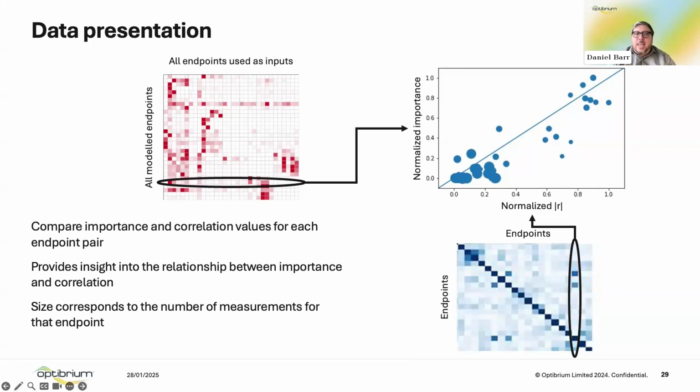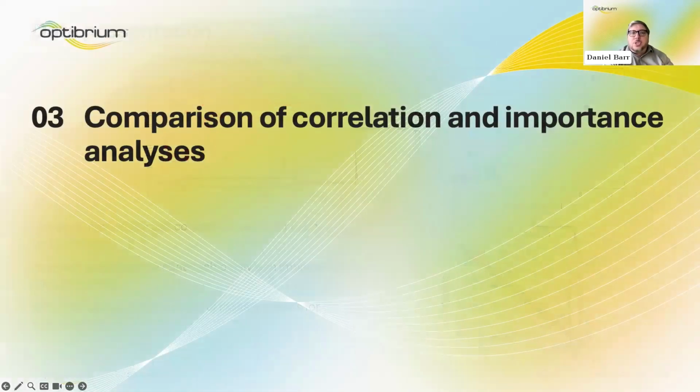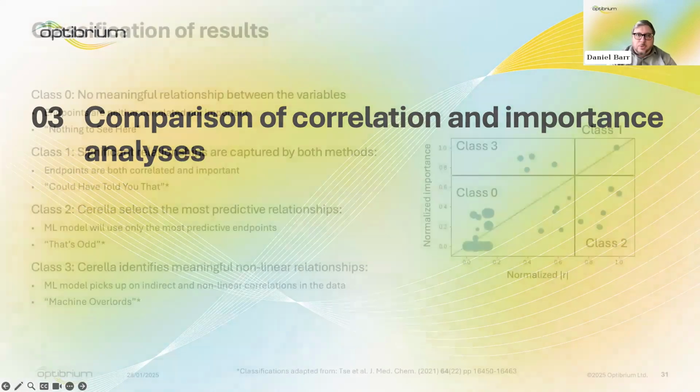So the idea here is that if the importance and the correlation give the same value, we'll see those along that identity line diagonally across the middle of the graph. And we'll be able to see then if there are particular relationships that one method is identifying as more significant than is captured by the other method. So with that introduction, then let's turn into the details of the case study and examine some of our results.